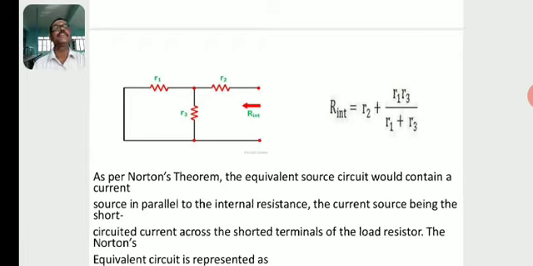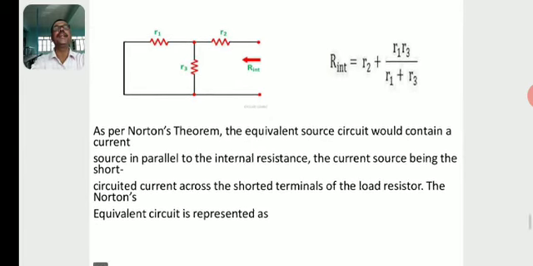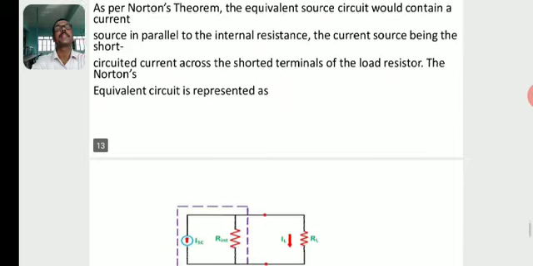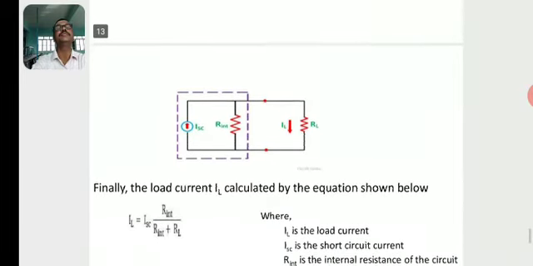As per Norton's theorem, the equivalent source circuit would contain a current source in parallel to the internal resistance, the current source being the short-circuited current across the shorted terminals of the load resistor. The Norton's equivalent circuit is represented as shown.